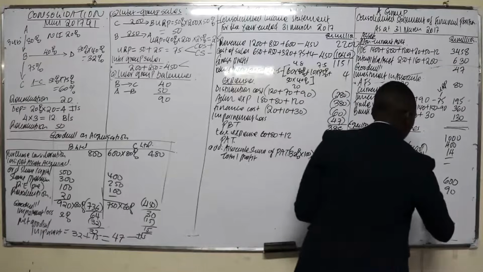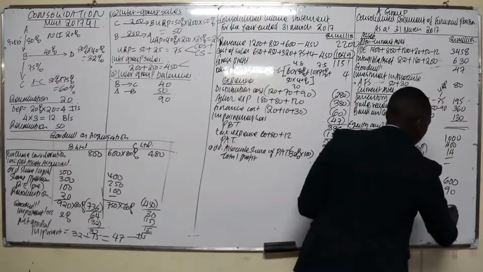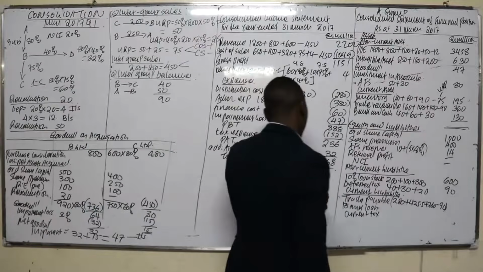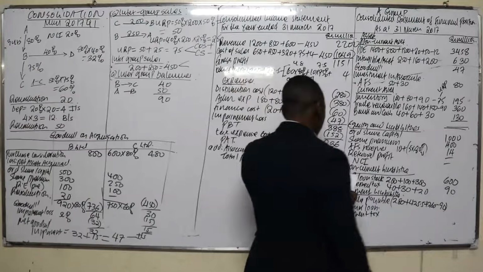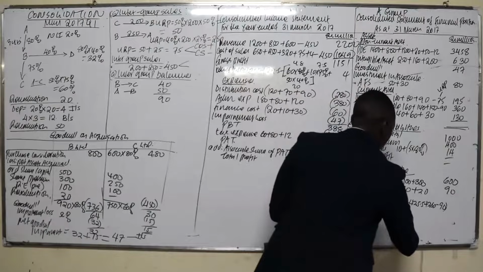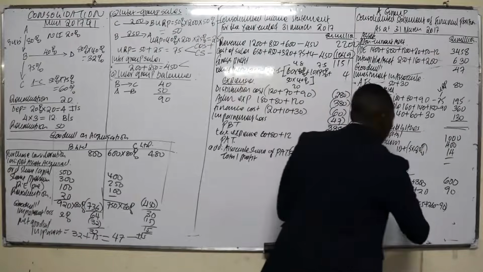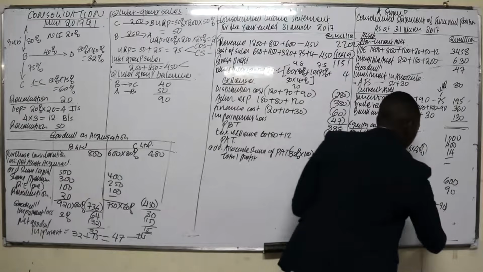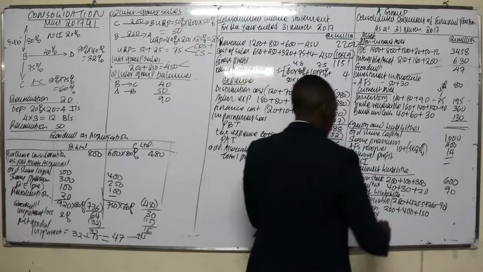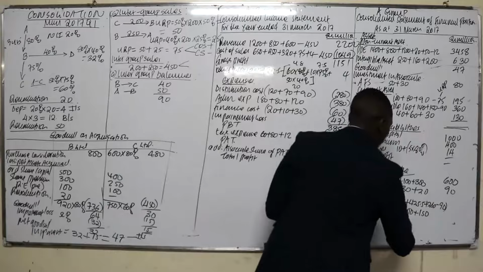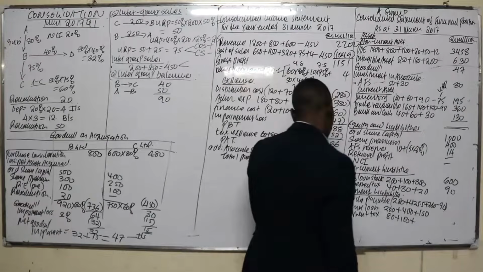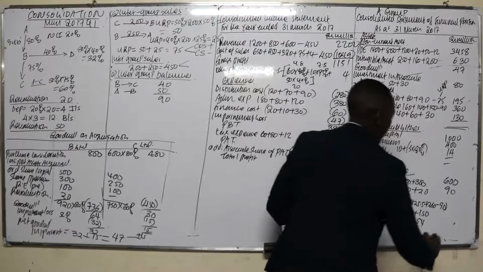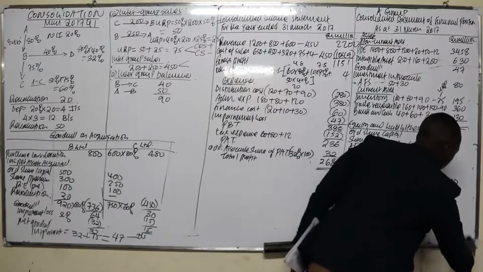We have 260. Then you deduct 90. For the bank loan, we have 200, 400. Then you add 150. Then for the current tax, we have 80 plus 100 plus 54. That's 234.